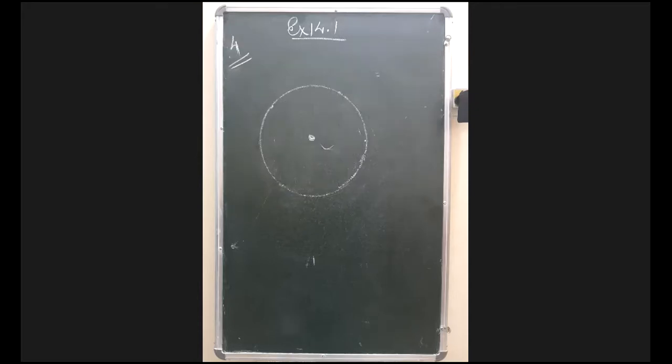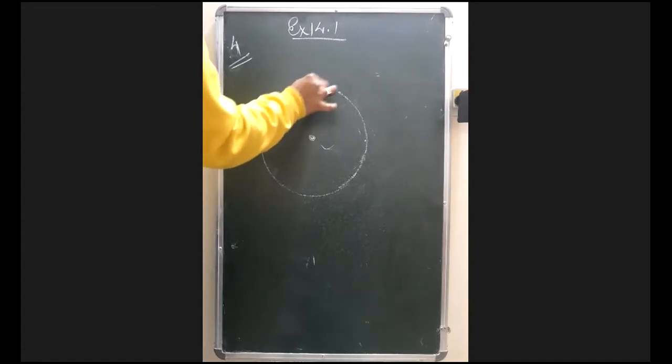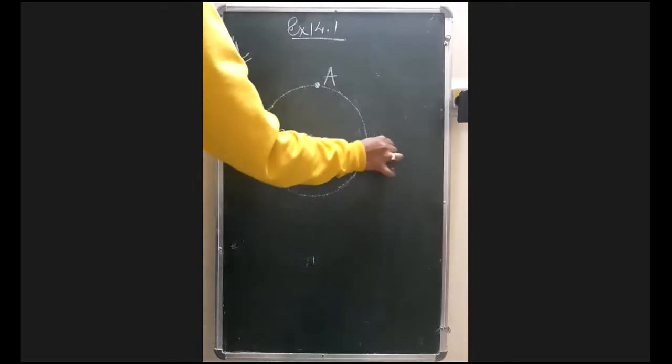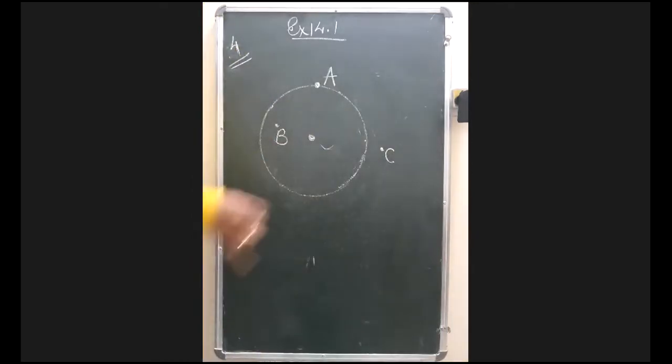Now let's turn to question number 4. It is telling us to draw any circle and mark points A, B, C such that A is on the circle, B is in the interior of the circle, we have drawn it, and C is in the exterior of the circle. C should be in the exterior of the circle, and this you mark as the center.